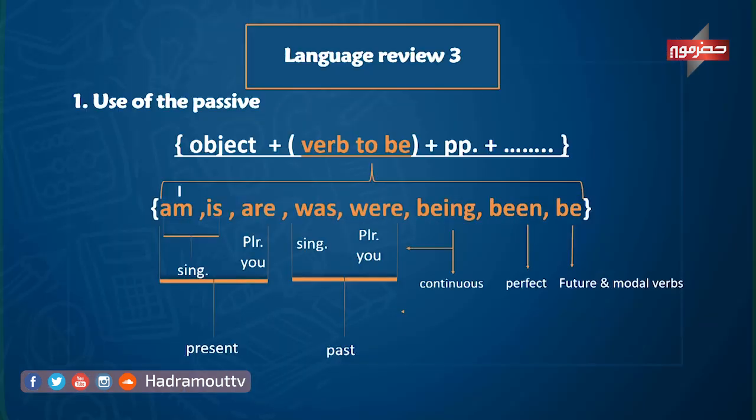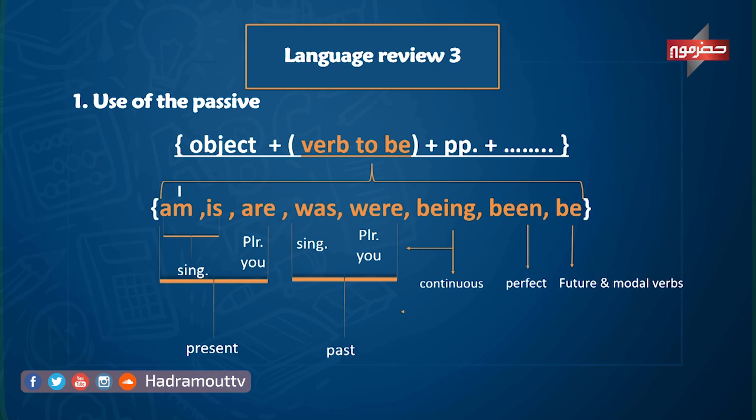So the verb to be changes according to the tense. What tense is used? For example, for the present simple, we use the verb to be am, is with singular, and we use are with plural. Also, are can be used with you, even if it is singular.